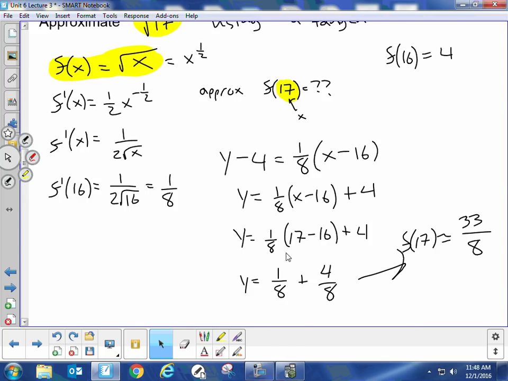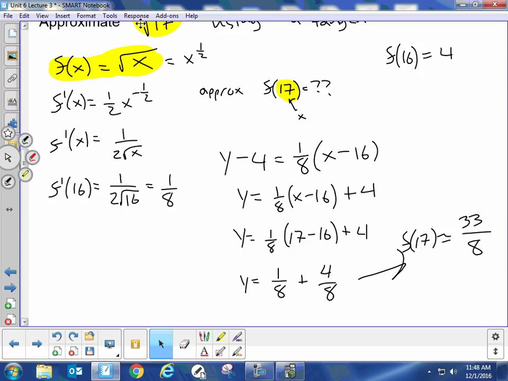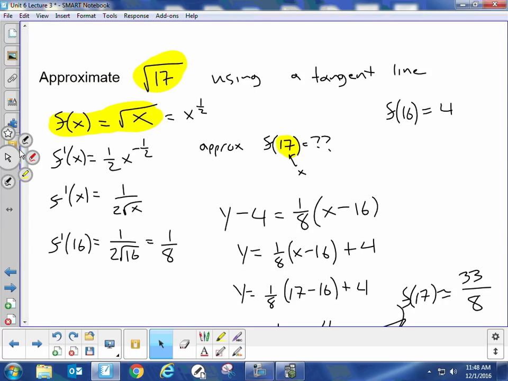You look at the square root of 17, and before I even look at that answer, I'm going to go a step further, because I know what this looks like. I know this answer is going to be a little bit above the actual square root of 17.